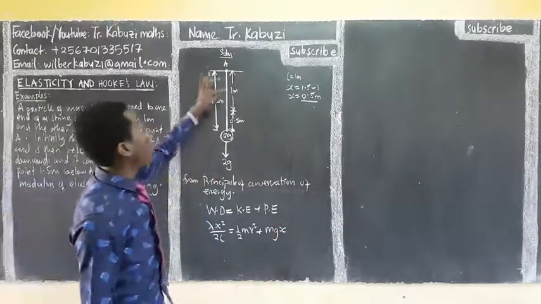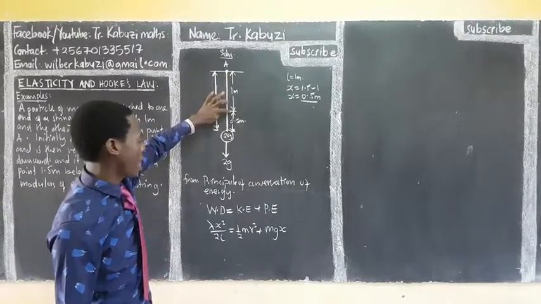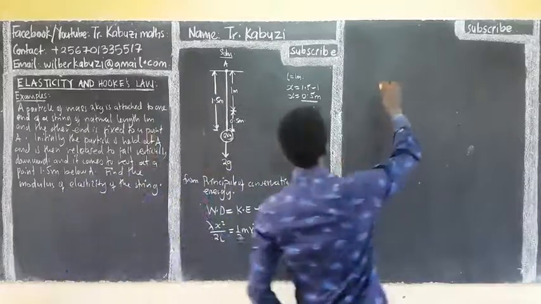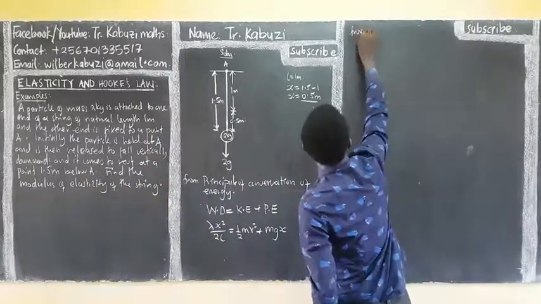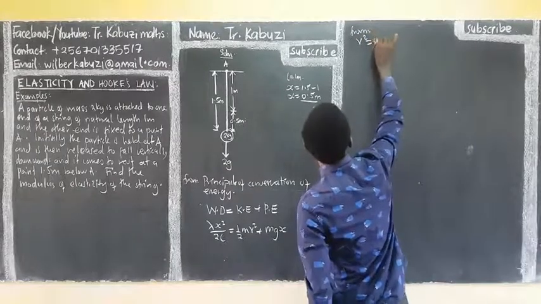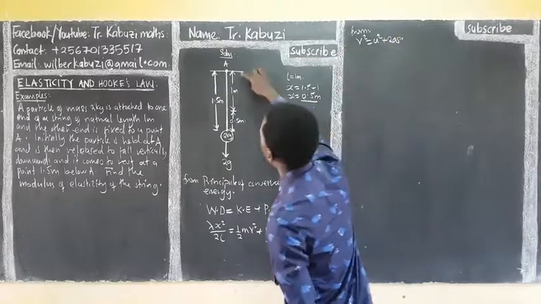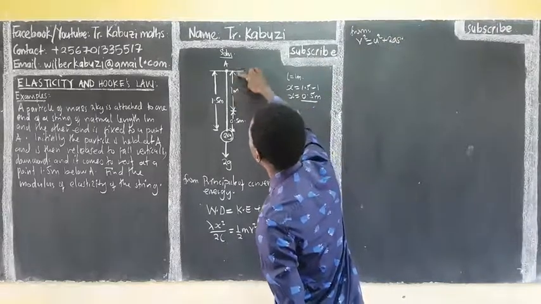Now, from here we want to know the velocity from A up to here. So there we are going to say, from the equation of motion, v squared equals u squared plus 2as. We want to know what the velocity was from here up to here.